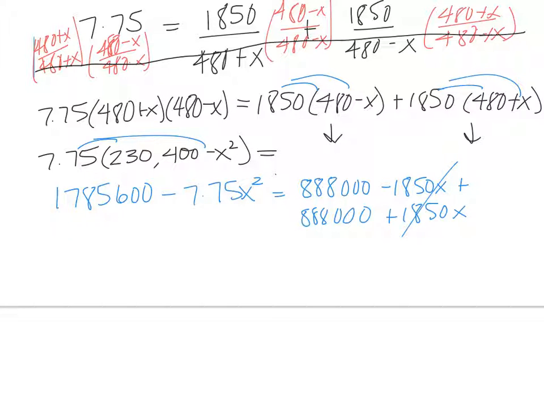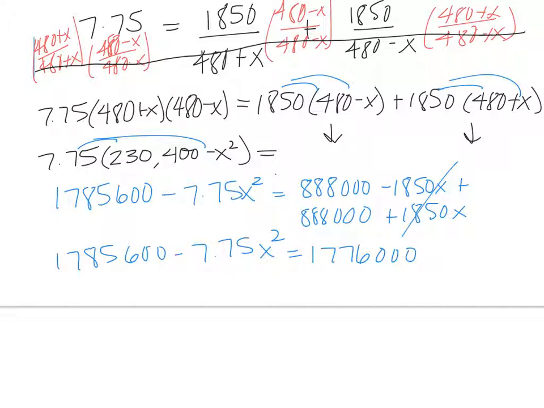Okay, obviously those are going to go away. 888,000, two of them will equal 1,776,000. And this is still 1,785,600 minus 7.75x squared.